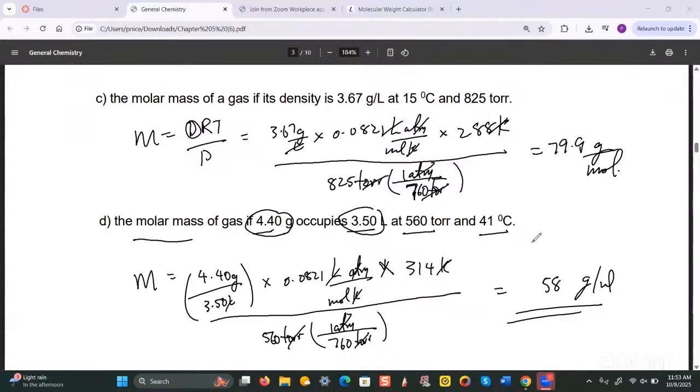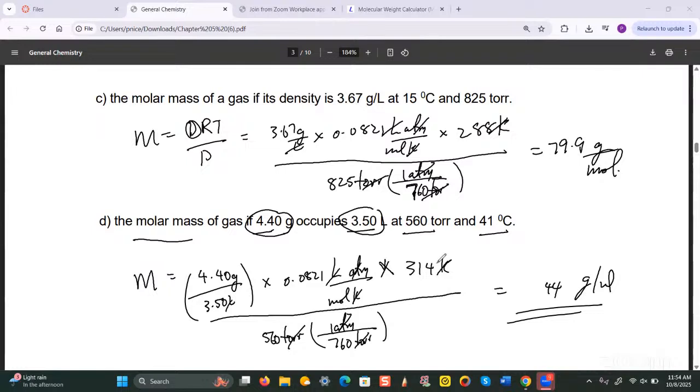Let me do this one more time. 4.4 divided by 3.5 times 0.0821 times 314 divided by 560 divided by 760. Okay, I got a different answer, so I think the earlier one is incorrect. The answer, rounded to 2 sig figs, is 44. So that's basically how that is done. Any questions about this one?